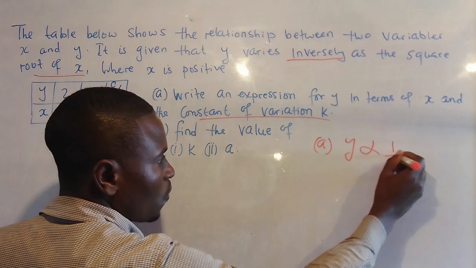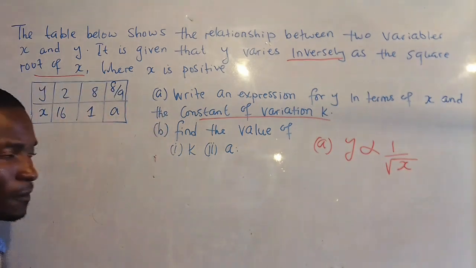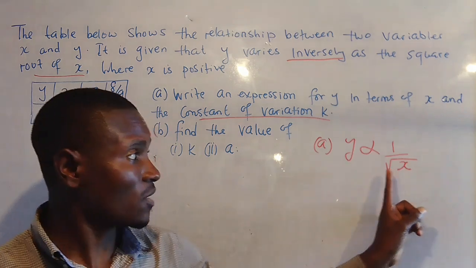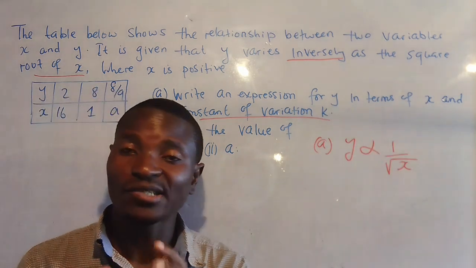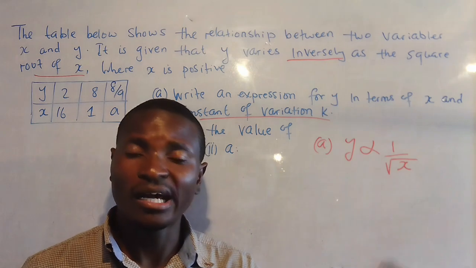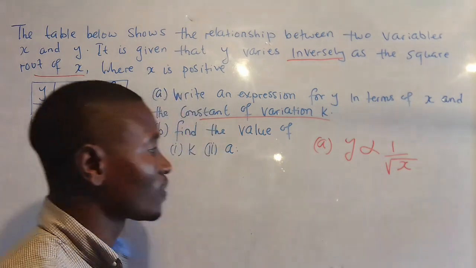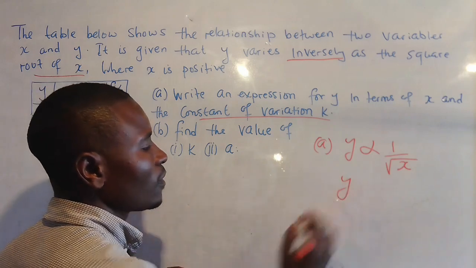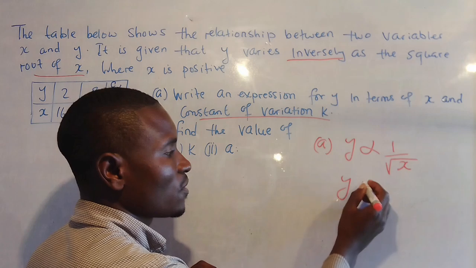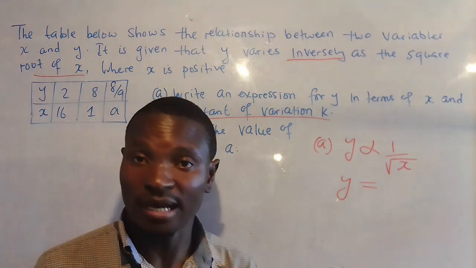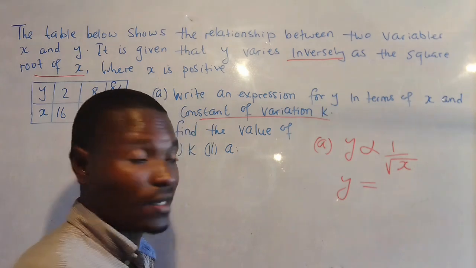Whatever is inverse, you say 1 over the square root of x. If there is a symbol of variation, you don't put the k yet. In the second part, where there is this symbol, you put the equal sign, and once you put the equal sign, you can introduce the k.